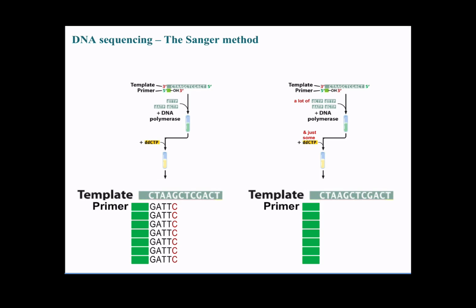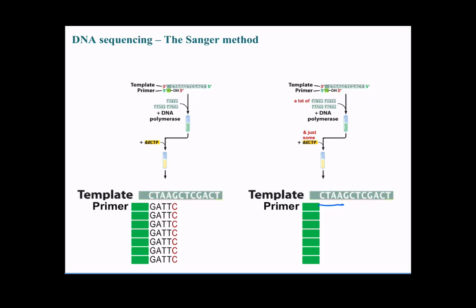What does that do? What that does is some reactions will continue until the DNA polymerase reads the G in the template molecule, and it might happen in some cases that it adds the weird C. Apologies for that, I don't know why I erased it.